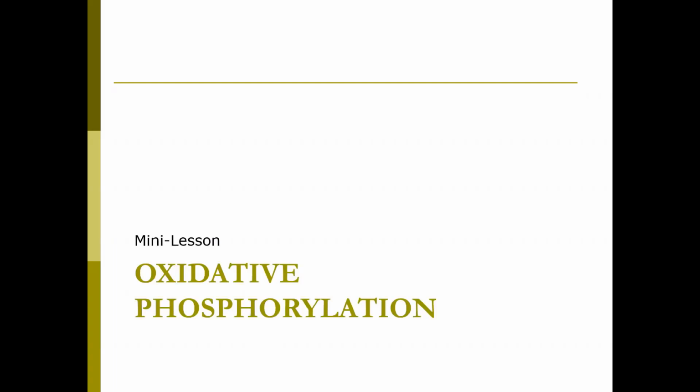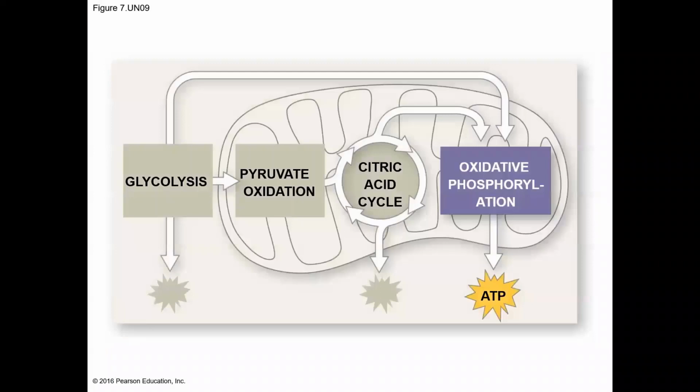All right, so now we're moving on to oxidative phosphorylation. If you've watched the previous few mini lessons, we've gone through glycolysis and the citric acid cycle, and now we're going to look at the final step of cellular respiration. This oxidative phosphorylation is also occurring in the mitochondrion of the cell.